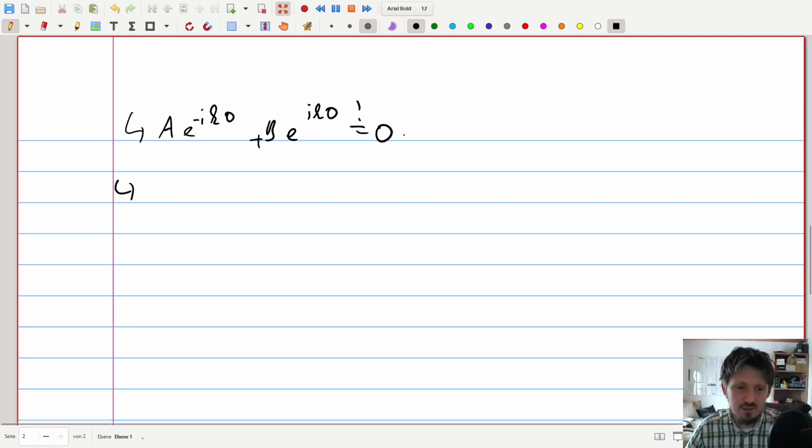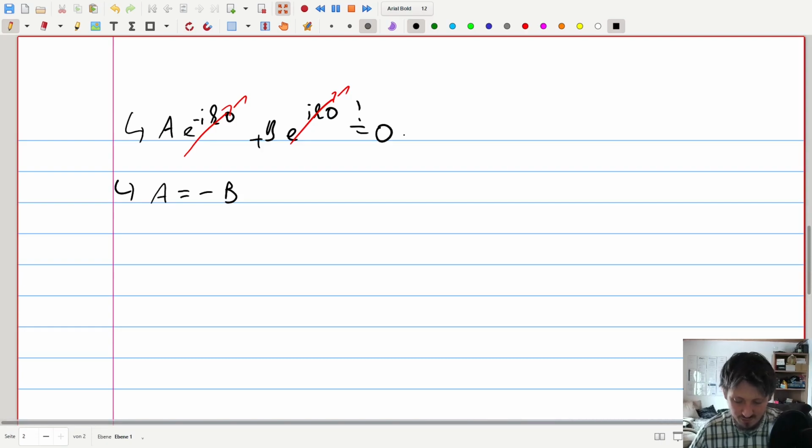And of course e to the power 0 has to be 1. So this is actually 1, and this is actually 1. And this means that at the end, a plus b has to be equal to 0, so a has to be equal to minus b.